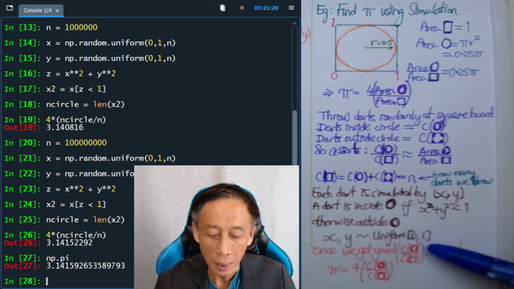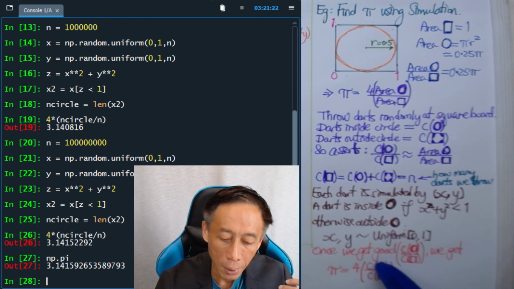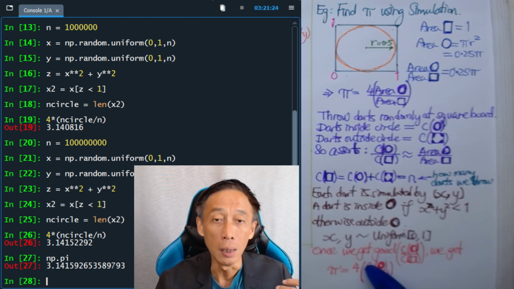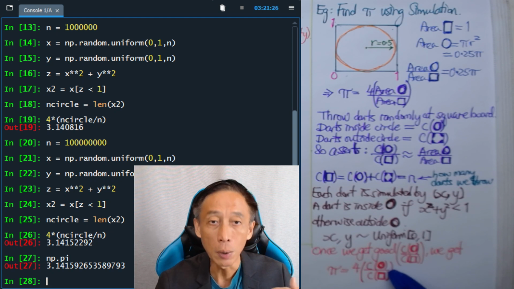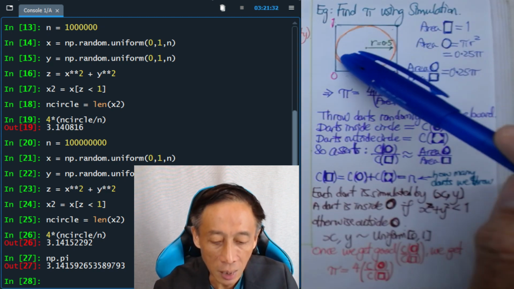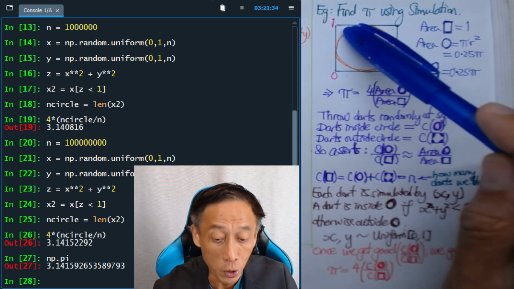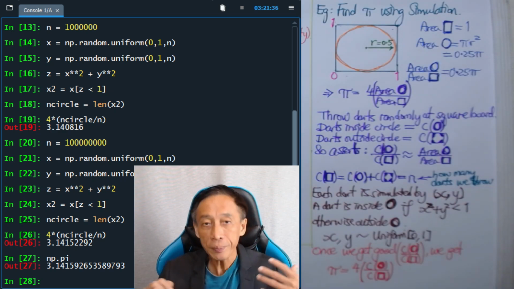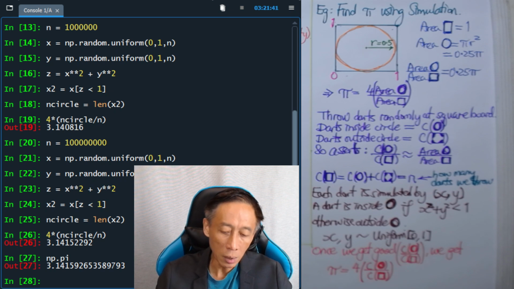So once I get that, I can do counting. I can do an empirical probability calculation. Empirical probability means count, right? The events happening divided by total count. So what is the probability that a dart falls inside the orange unit circle here? That's the empirical probability. So when we do simulation, we can then achieve this macro result.